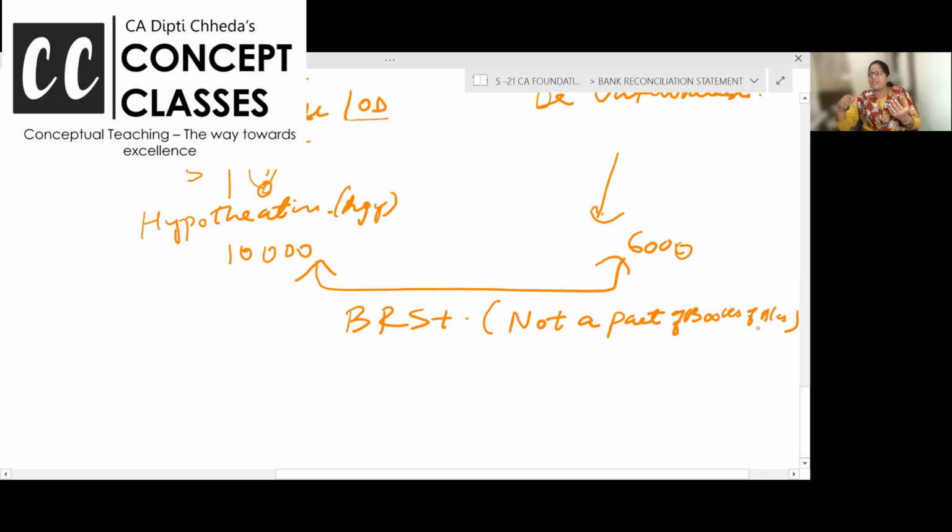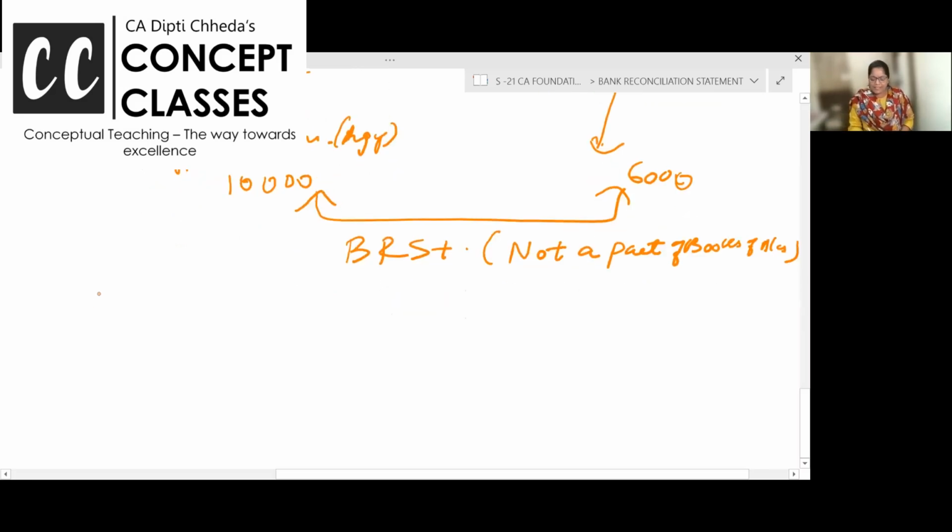In my book it is 10,000, in the bank book 6,000, and that is going on. So we are just sitting on a particular day and trying to reconcile what the reasons are. The first basic reason is timing difference. When I deposited the check in the bank, I debited bank 200 rupees.